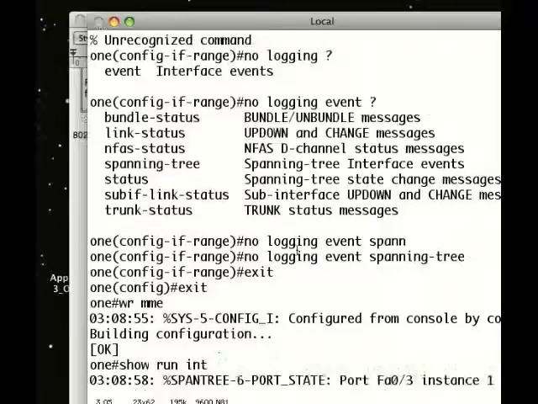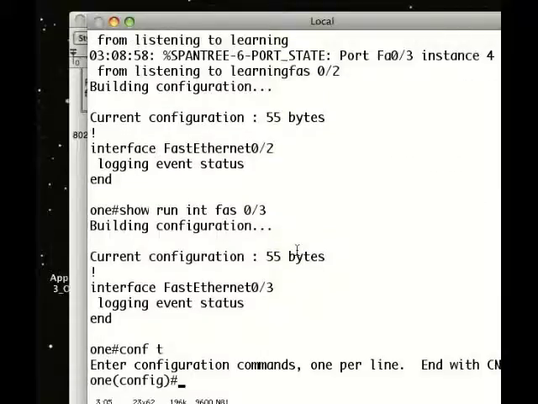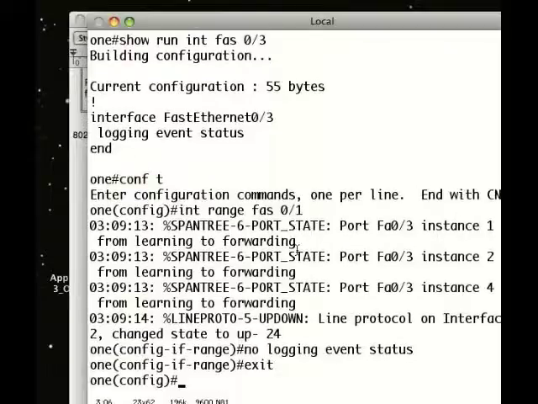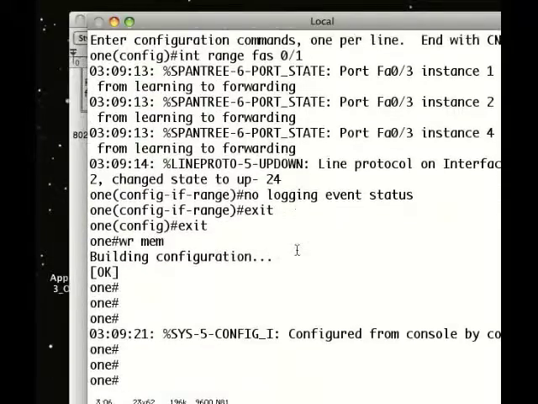Show run int fast 0/2. Show run int fast 0/3. That logging event status will also give us spanning tree logs. Int range fast 0/1 to 24. No logging event status. That'll clean up our logs on this thing.